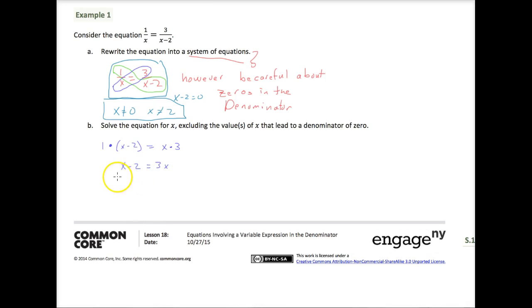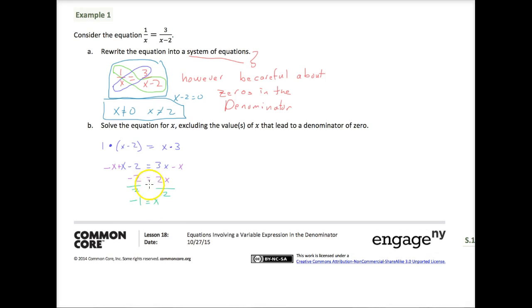Cleaning it up, I can subtract x from both sides. Minus x, and what we get is negative 2 equals 2x. If we divide both sides by 2, we get negative 1 is x.